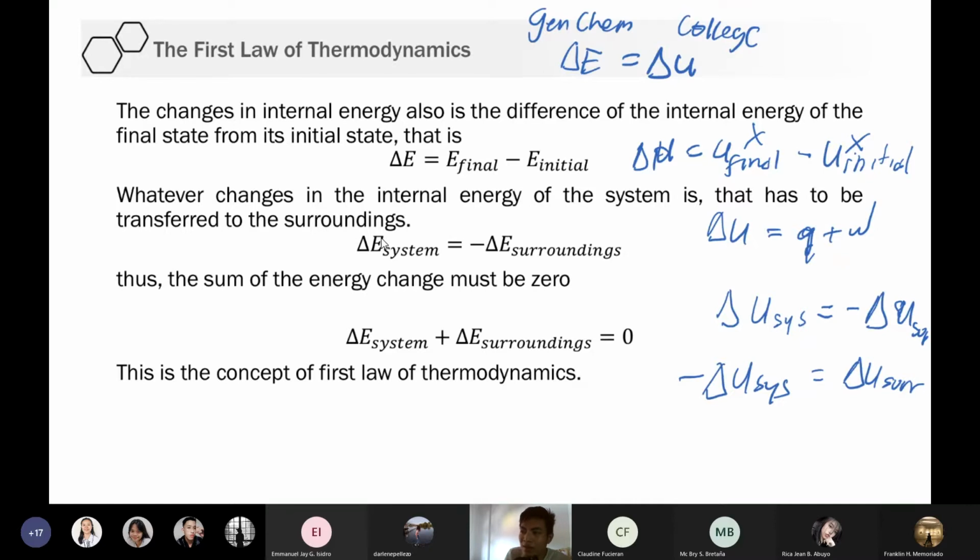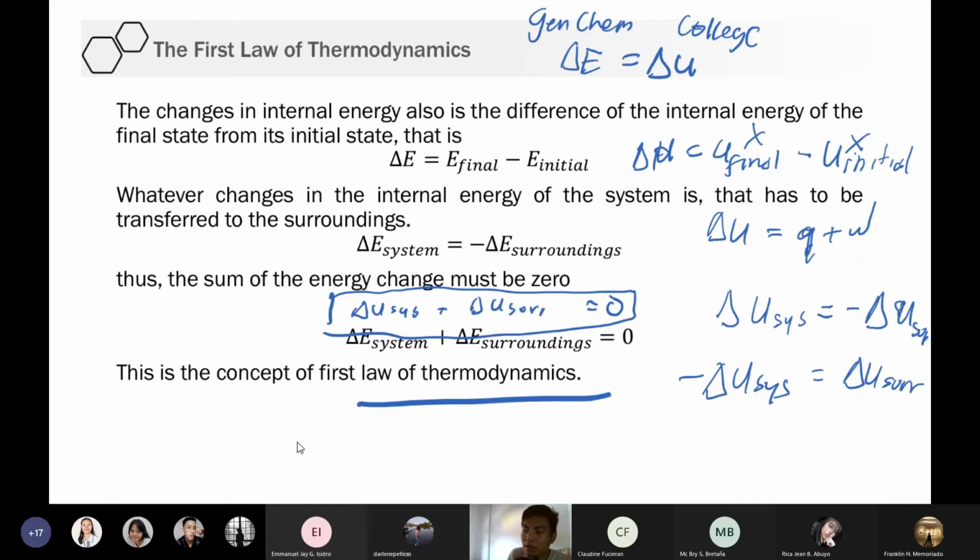Okay? So, using this idea, using this equation, ilipat mo lang to sa kabila. We say now that delta U system plus delta U surrounding equals 0. And this is actually the first law of thermodynamics. Ito yung sinasabi natin that in any, let me state the first law of thermodynamics.